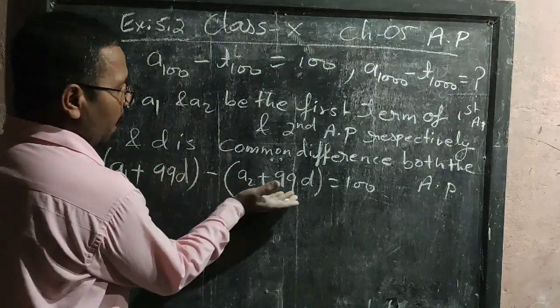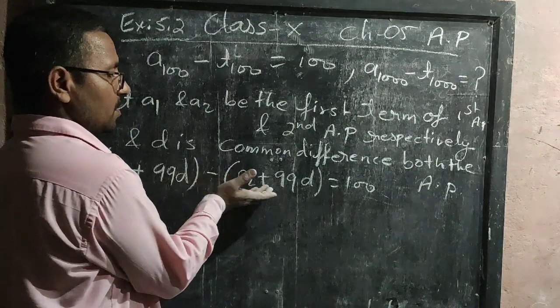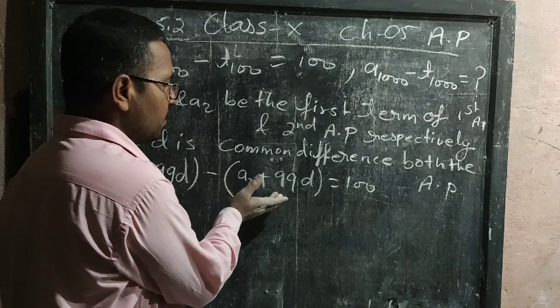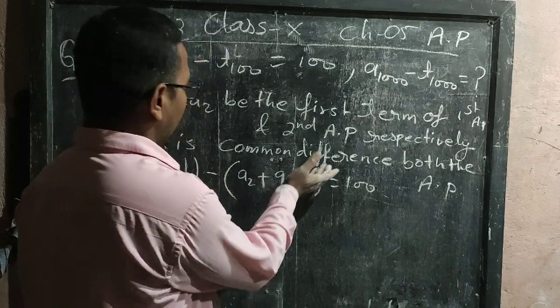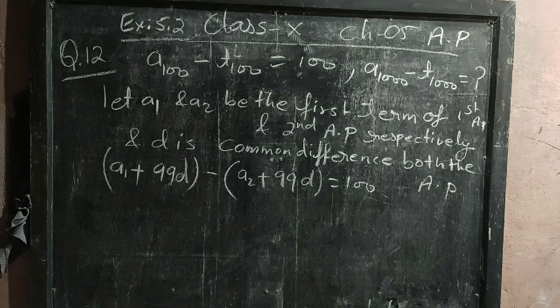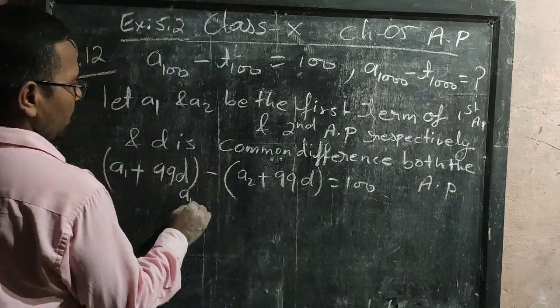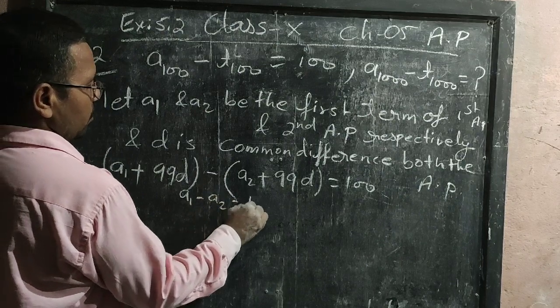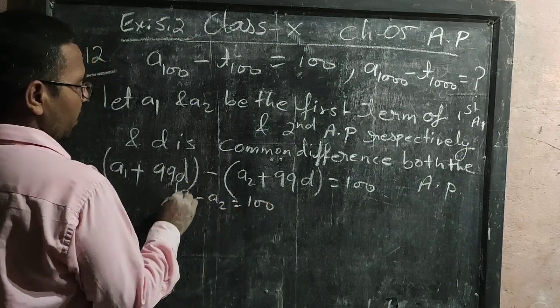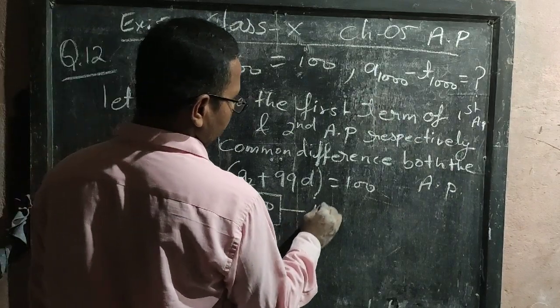By opening this bracket you get negative sign minus A2, and minus into plus you get minus 99D, and minus 99D plus 99D cancel. So A1 minus A2 is equal to 100. Make this equation number 1. Somewhere we will use this equation.